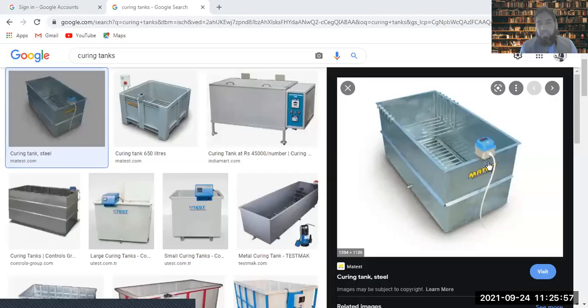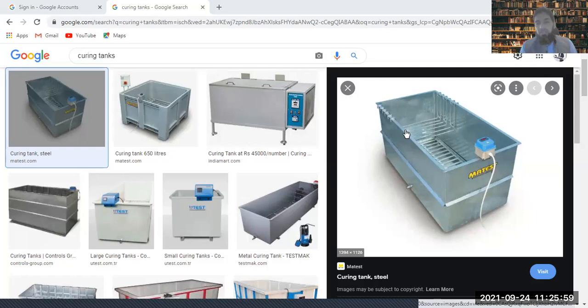I can show you the figures, for those who did not visit the labs. So there are mechanical curing tanks, and you can also make manual curing tanks. This is a mechanical curing tank.